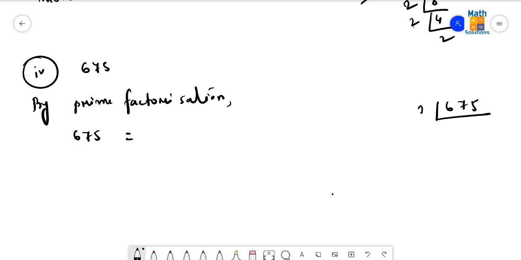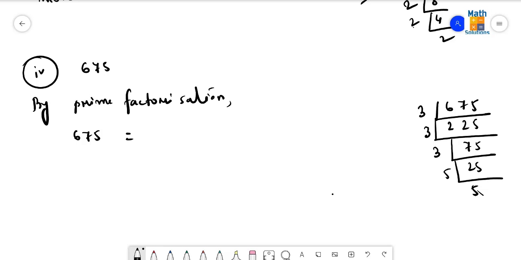Yes, it is divisible by 3. 3 2's are 6, then 225, then again by 3, 75. Yes, it is divisible. 75 by 3 is 25, then 5 5. So 3 into 3 into 3 is already grouped. Then 5 into 5. So very clearly one more 5 is needed.